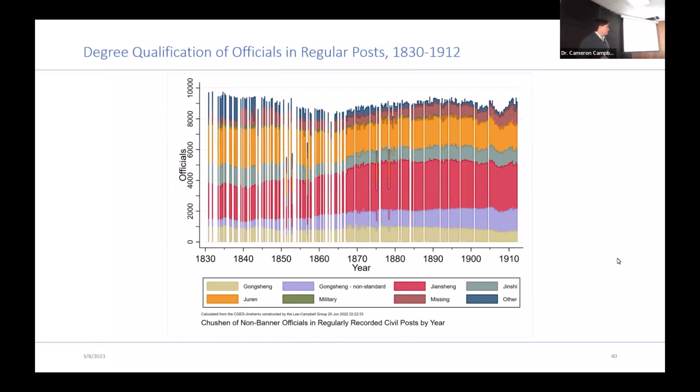They have these throwaway lines, because they're big on the idea that the government was a meritocracy, like, every official was appointed based on their performance on an examination. And it's just wrong. I mean, it's flat out wrong.